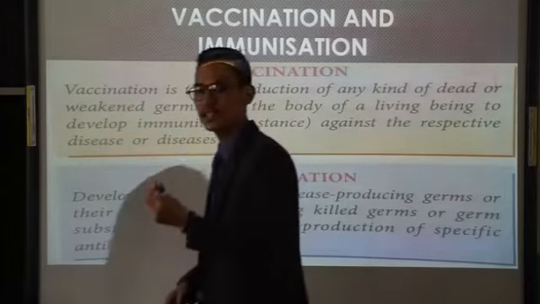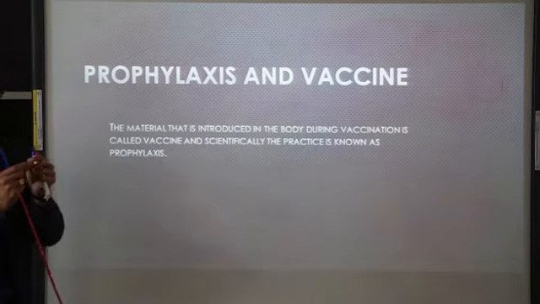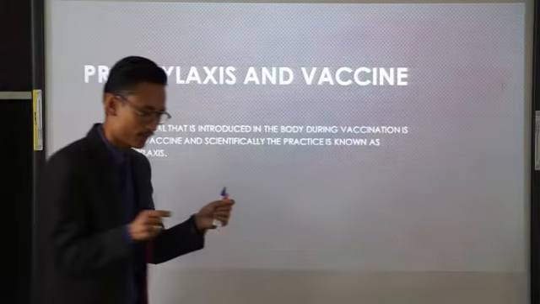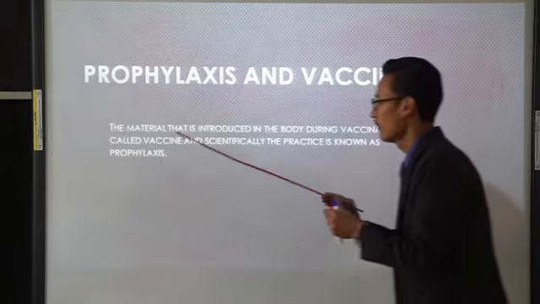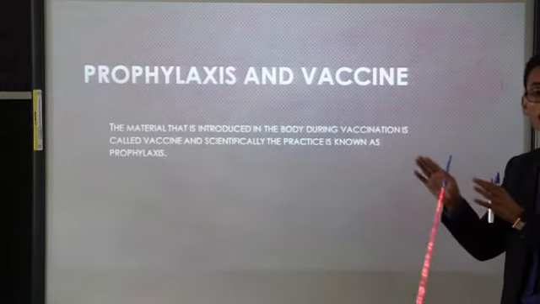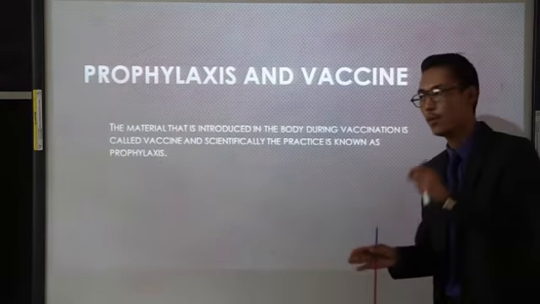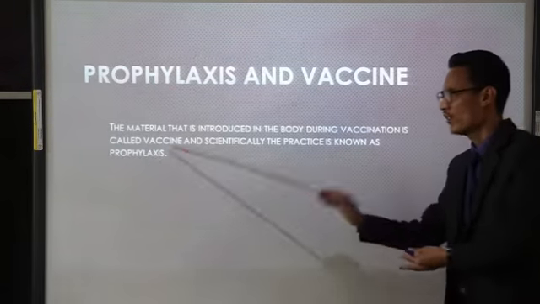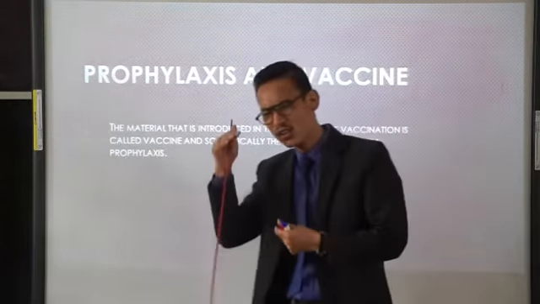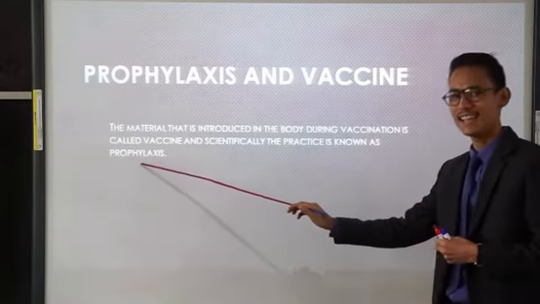So now, what is a vaccine? The material introduced during vaccination, meaning those weakened or killed germs, is known as a vaccine. And scientifically, this technique of introducing those germs into our body is known as prophylaxis.